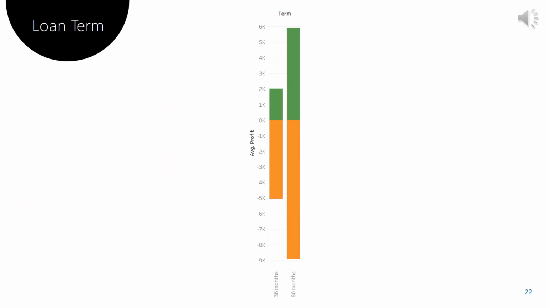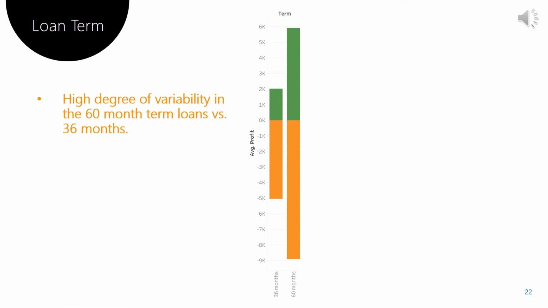Now we're looking at loan term. Loan term is categorical, and as with the other categorical variables, we're not able to deduce much practical value out of the visualization. What we can see is that there's a high degree of variability in the 60-month term loans versus the 36, but how we would specifically apply that to the business isn't clear.